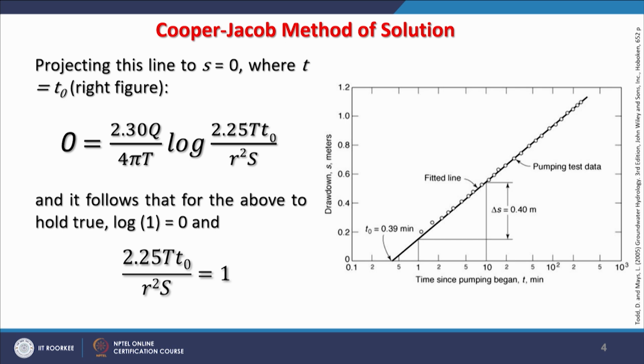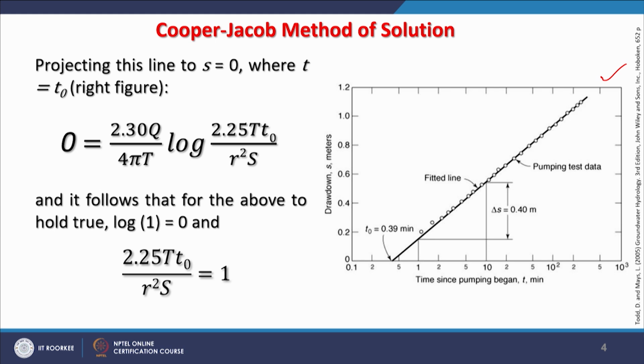Now, we can project this line in which s would be 0 and where t becomes equal to t0 in this figure, which is given here on the right side, and therefore, we can write that 0 equal to 2.3 Q divided by 4 pi T, T is capital here, log 2.25 T t0 upon r square S, and this will allow us for the above to hold true, that is log 1 equal to 0.